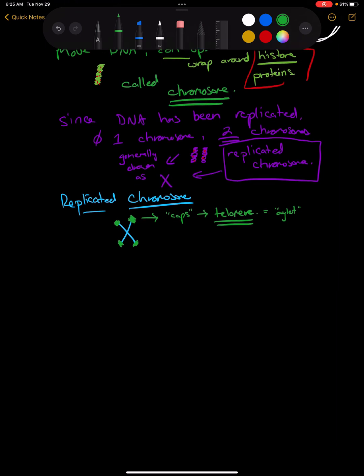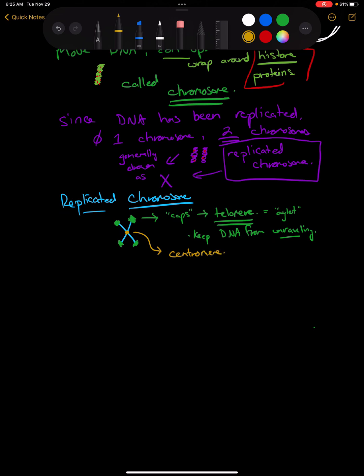So the telomere is going to keep the DNA from unraveling, right? And the reason I have it coiled up in the first place is because I'm moving. Now, I also want to keep this together. I want to keep that replicated chromosome close. And so here in the middle, I have this nice little button, okay? This nice little button in the center is called a centromere.